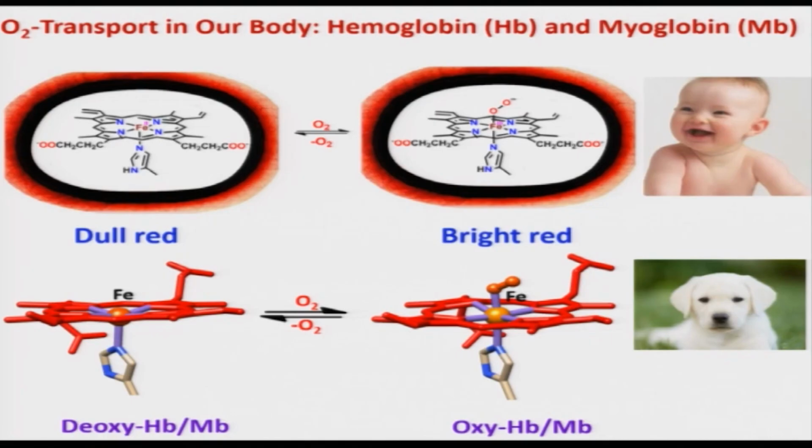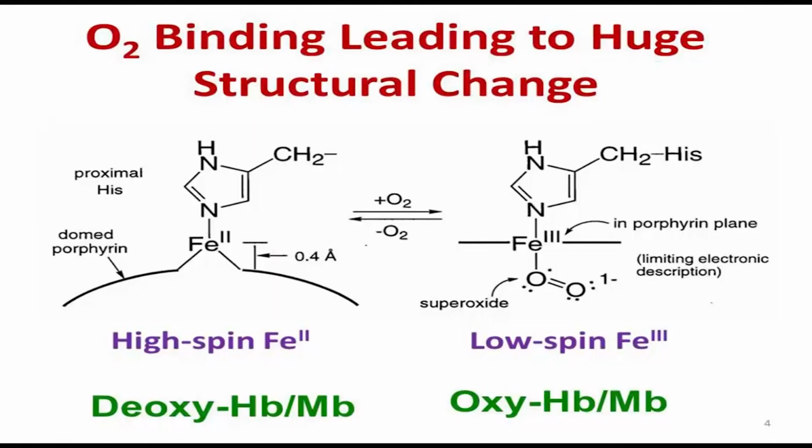These two processes are completely reversible: when dioxygen binds to the iron center, it forms iron 3 O2 minus, and when it leaves, it goes back to its initial state, deoxyhemoglobin or myoglobin.